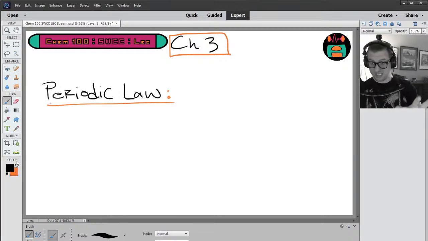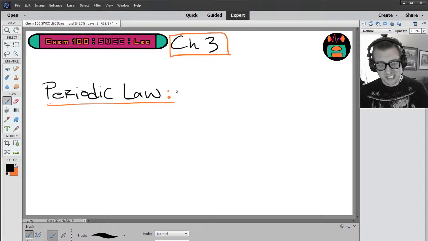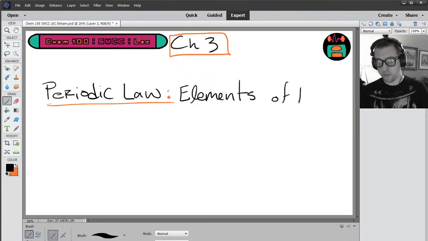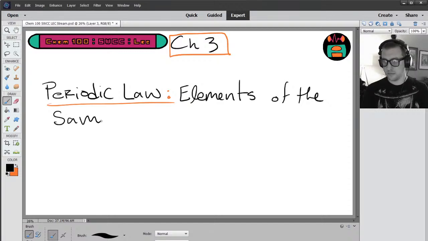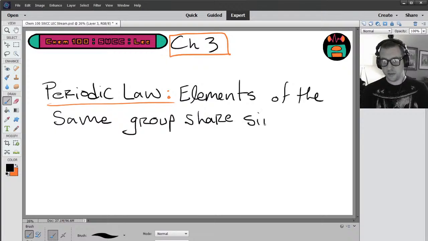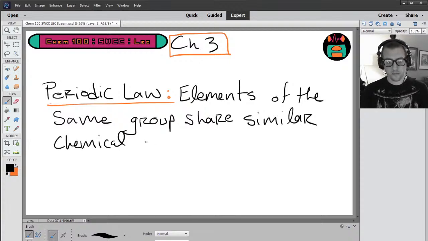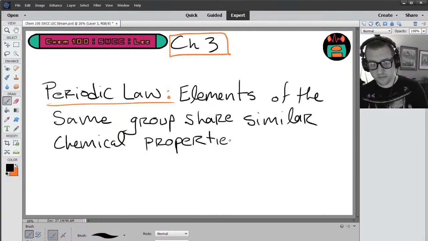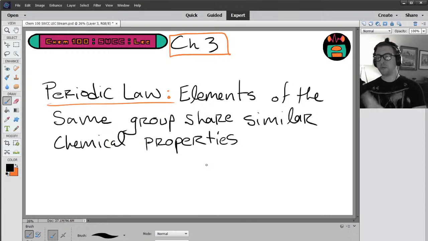I'm going to give you a simplified version of it, but simply stated, periodic law says that elements of the same group share similar chemical properties.